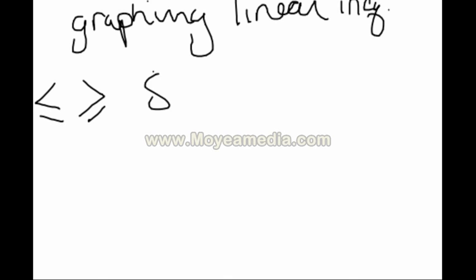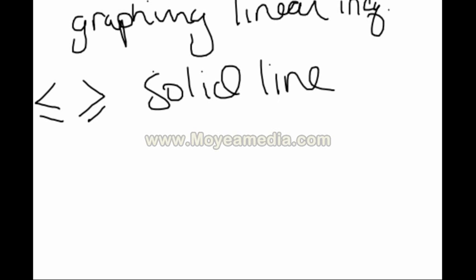So when graphing a linear inequality, I have a couple things to keep in mind. If it's less than or equal to or greater than or equal to, it's a solid line. If it's less than or greater than, it's a dashed line.